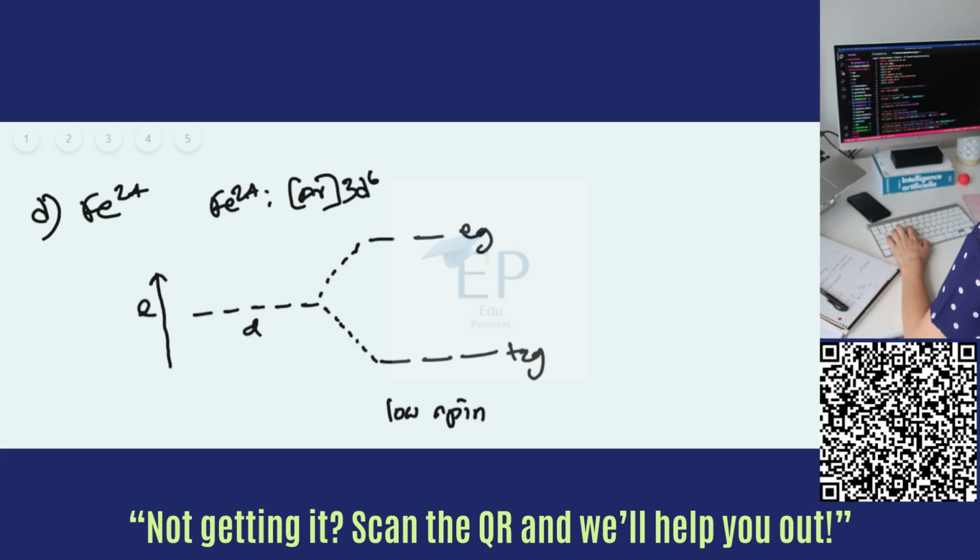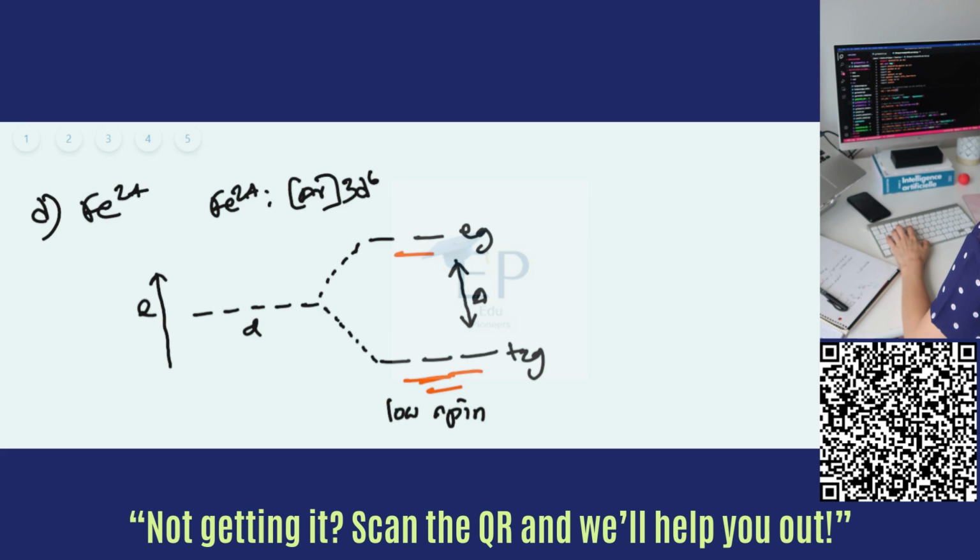For low spin, as you know, this energy gap is very high, so the electrons will occupy the lower energy level orbitals first, and if there are more electrons after completely occupying these three, then it will go to the higher state. Otherwise it will only fill up these lower energy state orbitals.